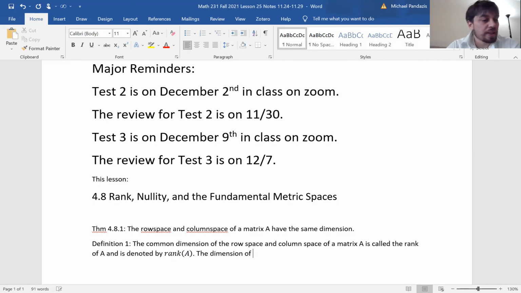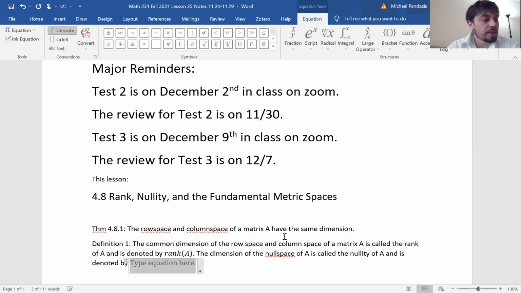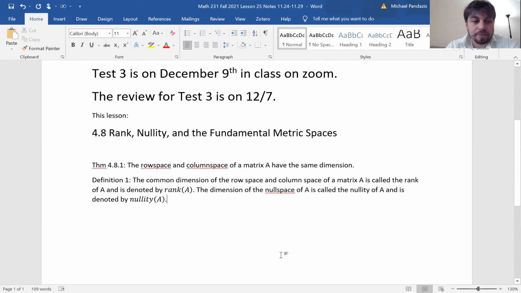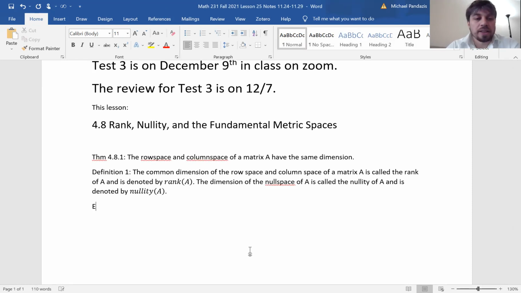The dimension of the null space of A is called the nullity of A and is denoted by nullity(A). So that's the definition of those things.